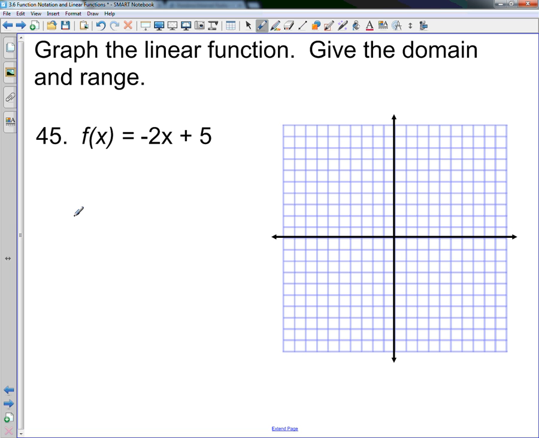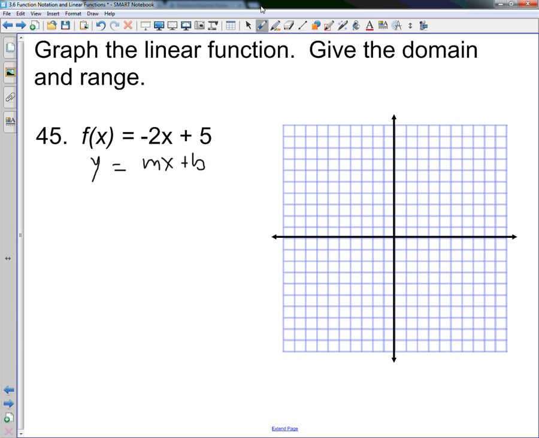Okay, so let's look at graphing a linear function and then giving the domain and range. When we graph our linear function, we would like it in y equals mx plus b, which we have. Remember, our f of x is the same as y.